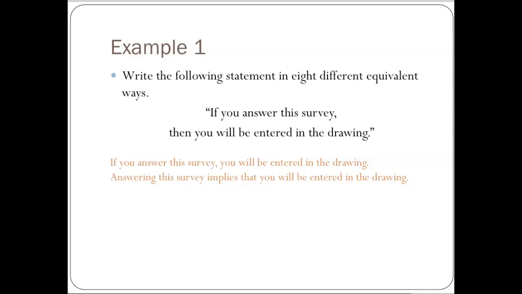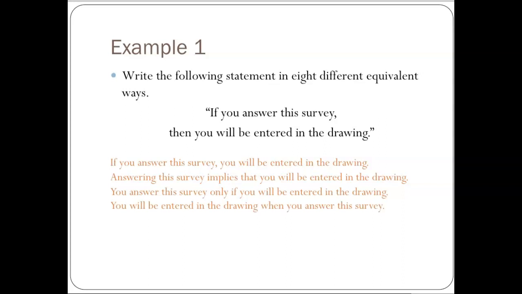We can say P only if Q. So that would be you answer this survey only if you will be entered in the drawing. Right, we can do Q when P. So that will be you will be entered in the drawing when you answer this survey. We can say P is sufficient for Q. So answering the survey is sufficient for you to be entered in the drawing.